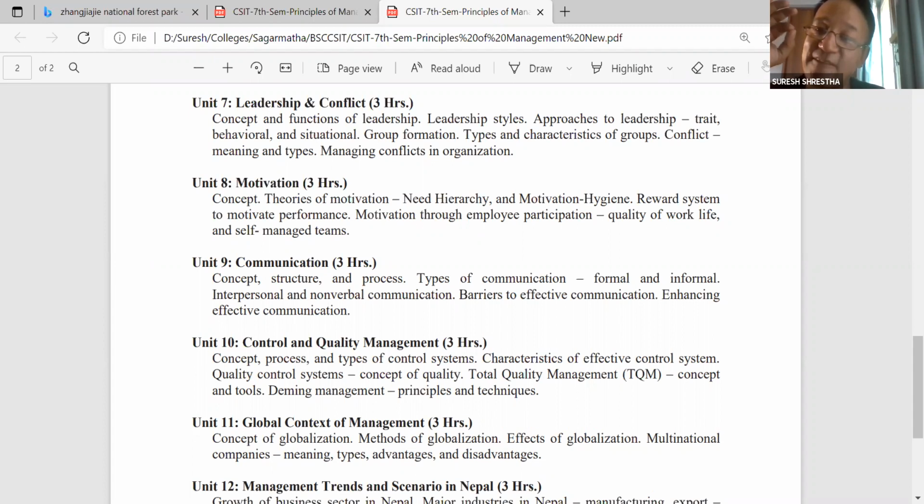There have to be conflicts in the organization for the organization to remain vibrant. Whereas over-conflicts or excessive conflicts will harm the performance of the organization. So that's why conflict management becomes important, and that is also covered in this unit 7.